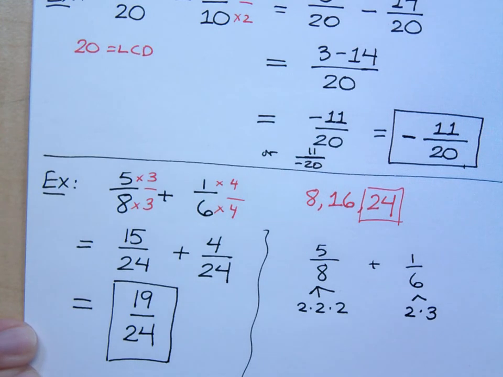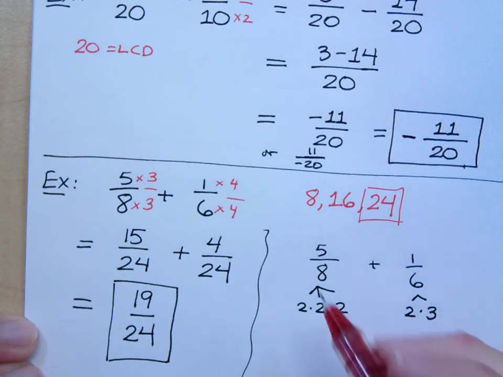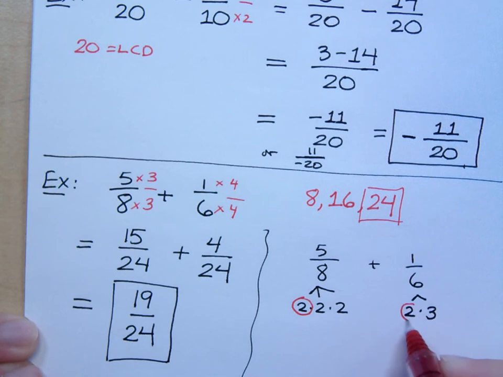Is everybody with me on that? Okay. Do these guys have any factors that are common? What factors are common? So this guy has a 2 and this guy has a 2. Is there anything else they have in common? No. Now watch the magic.